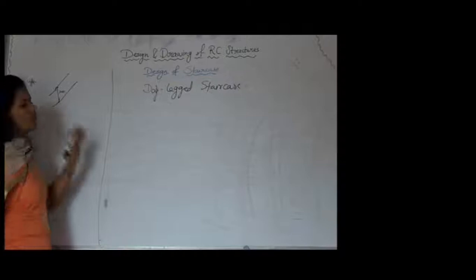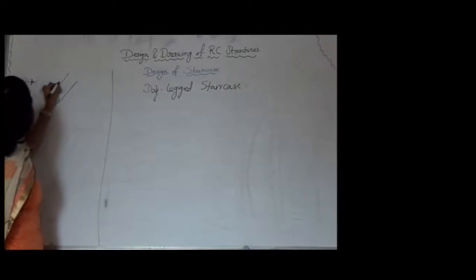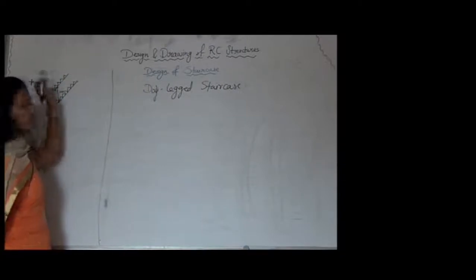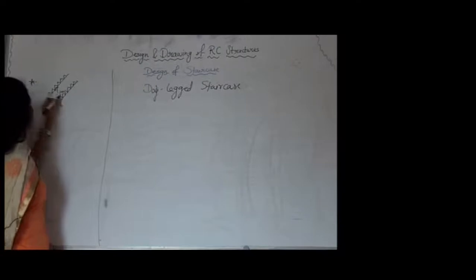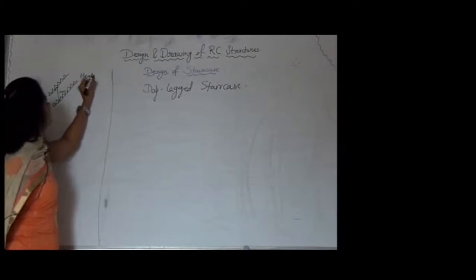That means when these are parallel staircases going one above the other, the vertical distance between these two should be minimum 2 meters or more than that. That is the headroom criteria.